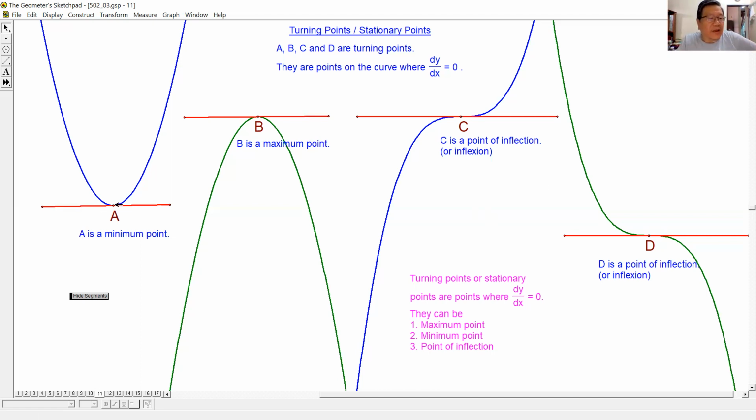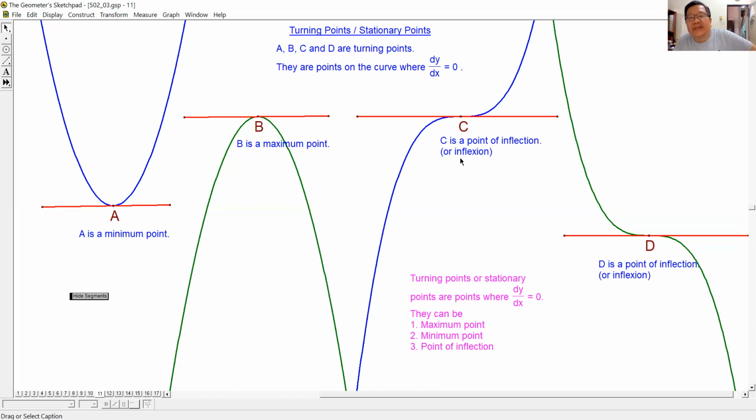So this type of turning point here is called a minimum point. This turning point here, because it's the highest point, is called the maximum point. And this point here, because it's neither maximum nor minimum, is called the point of inflection, F-L-E-C-T-I-O-N.